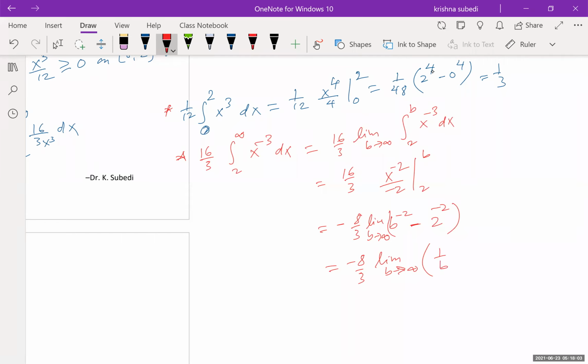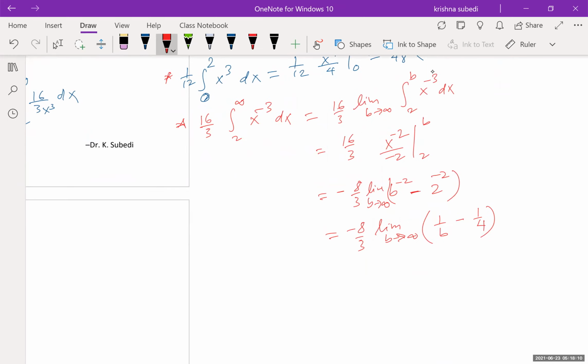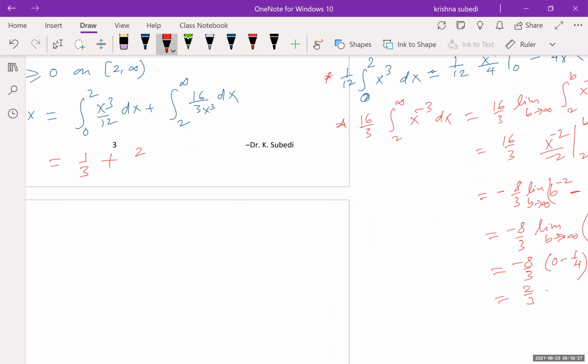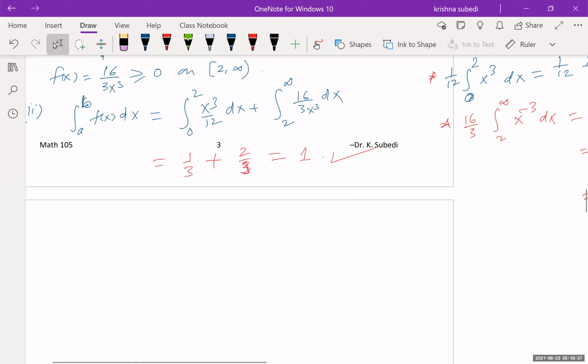This will be 1 over b minus 1 over 4, and so this will be negative 8 over 3. And when you substitute the value of b, 1 over b means 1 over infinity, which is 0, minus 1 over 4. You're going to get negative, negative, positive, 2 over 3. Okay, so this part we got 2 over 3. So that means when you add them, you're going to get 1. Yes, so second condition also checks.